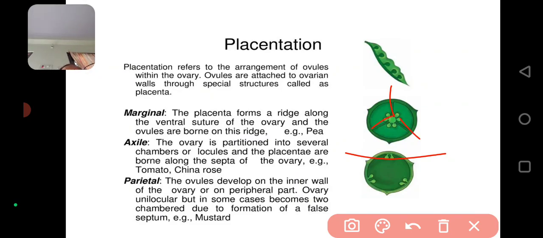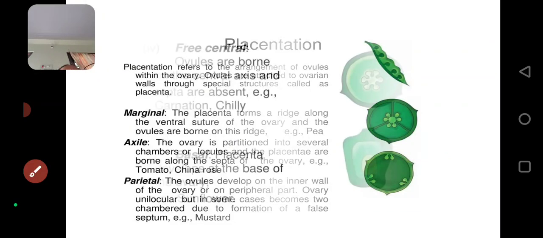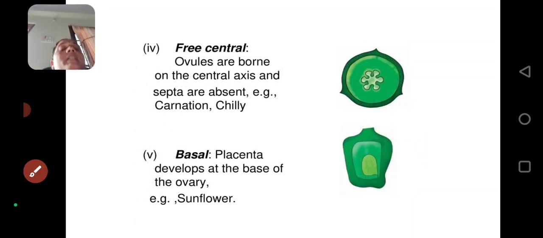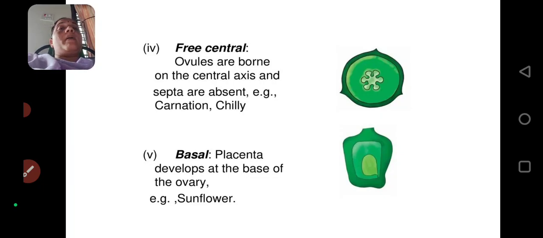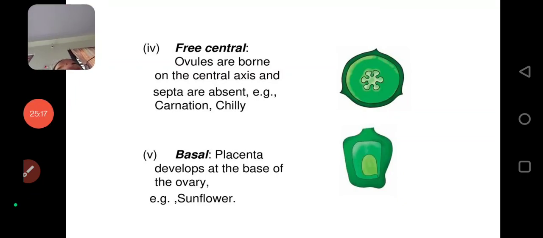That is the difference between axial placentation and free central placentation.